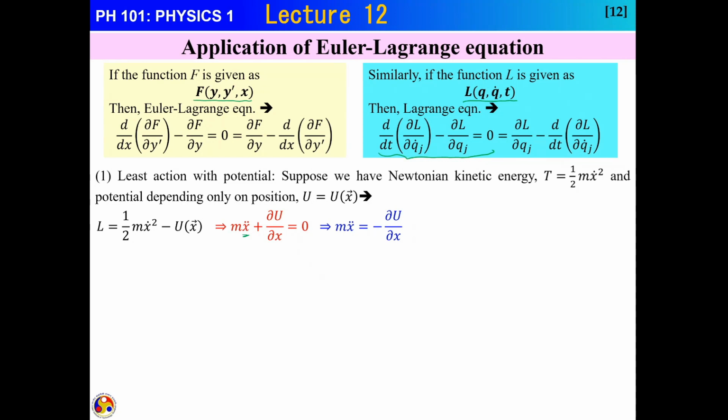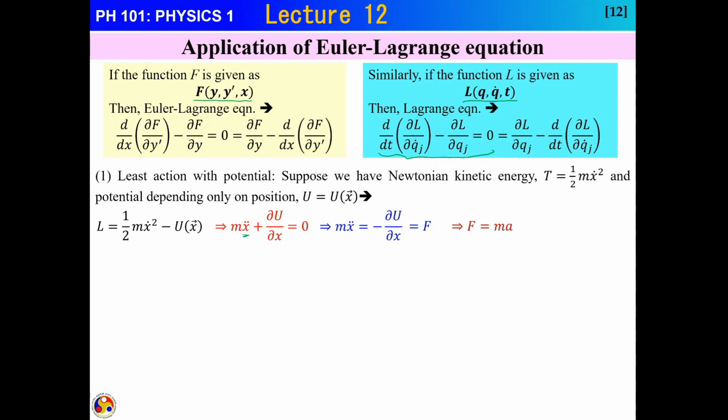Can I write it as force? So indirectly this is going to say that the least action with the potential is nothing but F equal to ma. You know that very well, right?